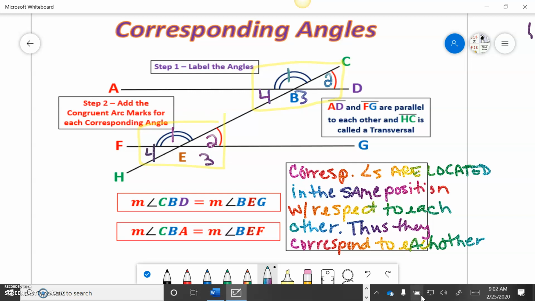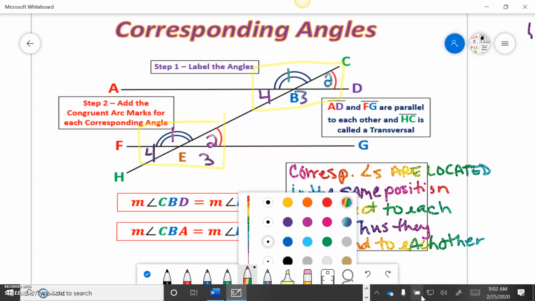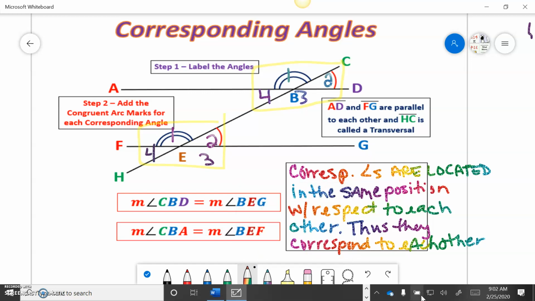If I trace some of these, CBD, which I gave a number 2, and BEG also has a number 2. One is on the first parallel line and one is on the second parallel line, but they're in the same spot, so they are going to be equal to each other.